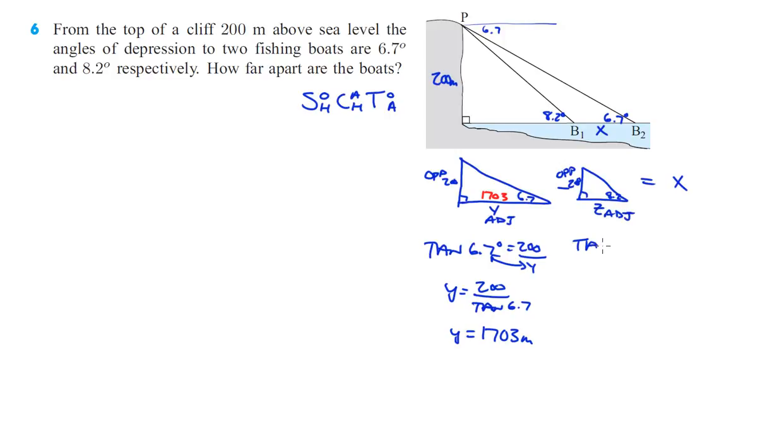So it's still tangent of 8.2 equals opposite, which is 200, over, in this case we called this z, so these two are going to switch spots. We get z equals 200 divided by tangent of 8.2.